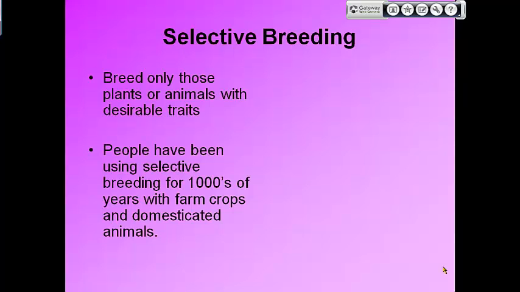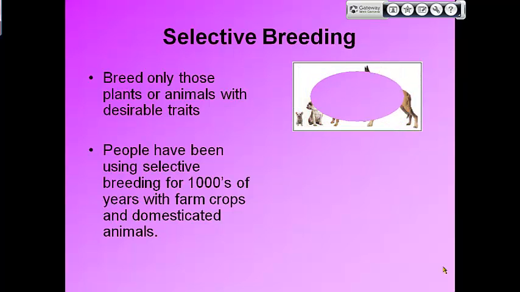If you have an animal that tends to make more meat, or a type of cow that tends to have more meat on it, you would then breed that type of cow with other cows that have more meat on them, and then you end up having baby cows with more meat, which you can then use. So we've been doing this for thousands of years with domesticated animals and farm crops.